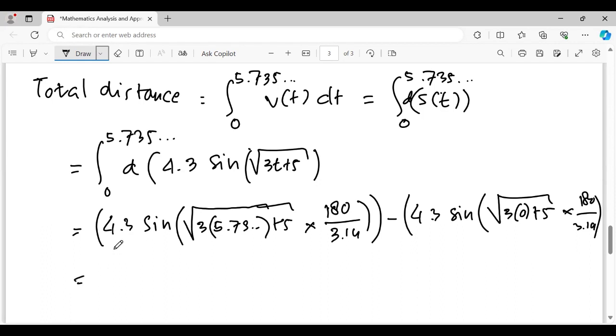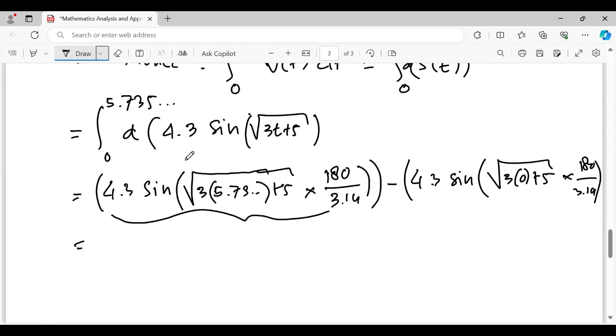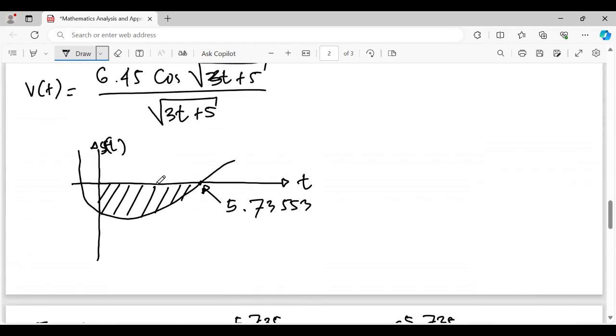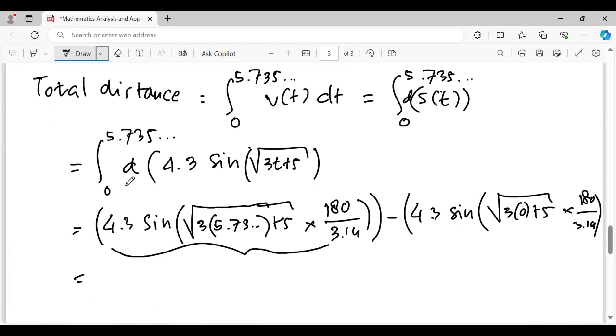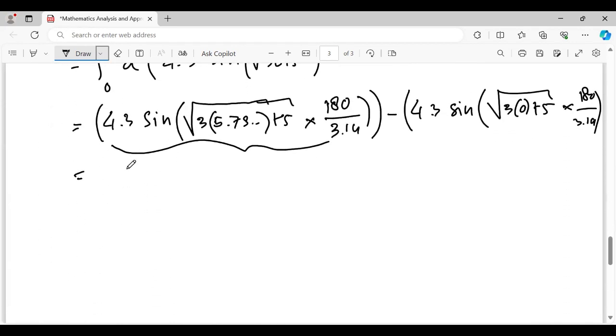So this calculation will be big, look, because this graph is under the t-axis, so we are going to give minus here.